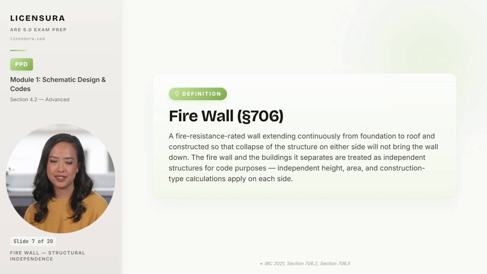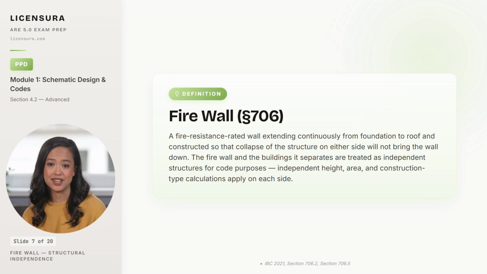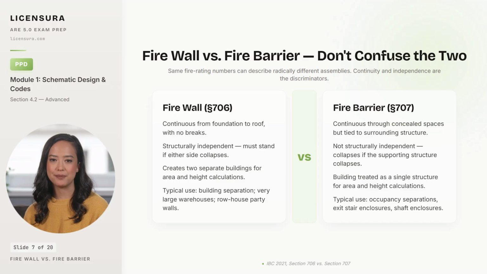Side by side, the difference between wall and barrier is sharp, and the exam reaches for that difference every cycle. Both assemblies can carry a 2-hour rating, and that surface similarity is what makes the confusion costly. A firewall under Section 706 runs continuously from foundation to roof with no interruptions, stands structurally independent of the buildings on either side, and creates two separate code buildings for purposes of area and height.